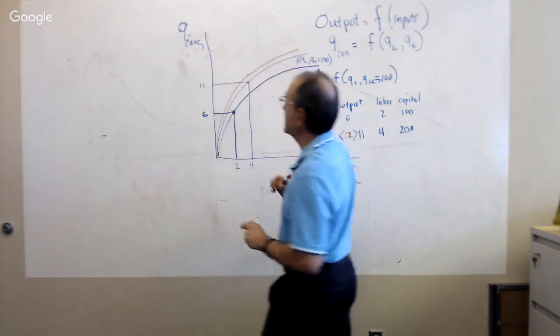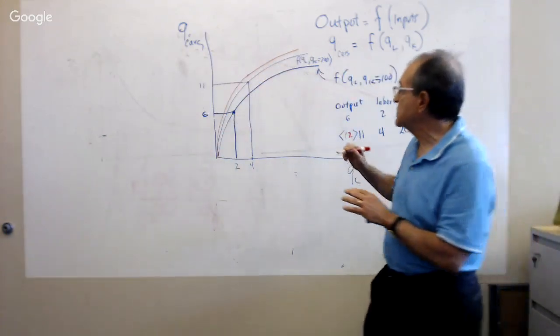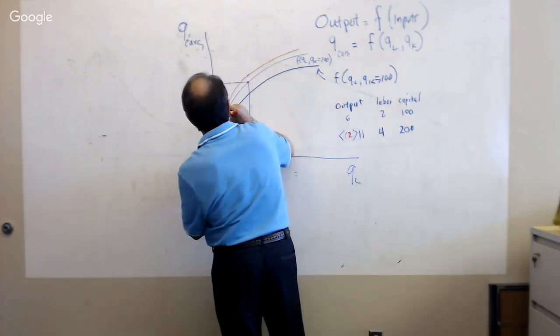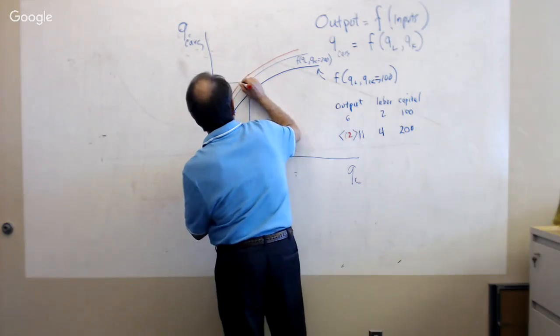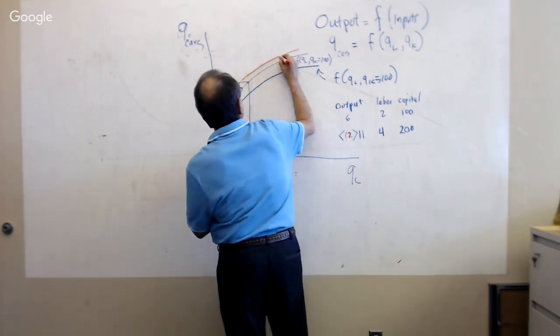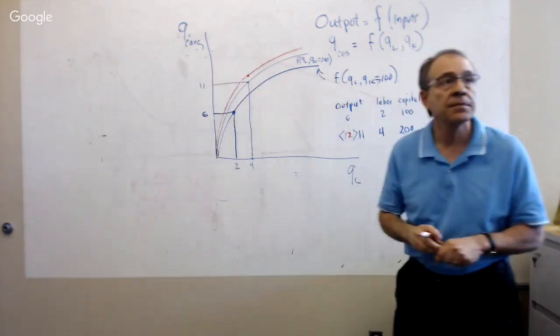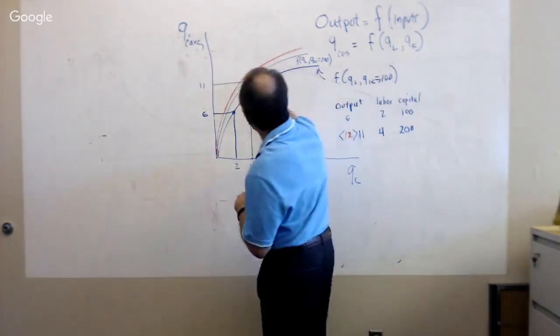It would look like that. If I really had constant returns to scale, the point would have been here.